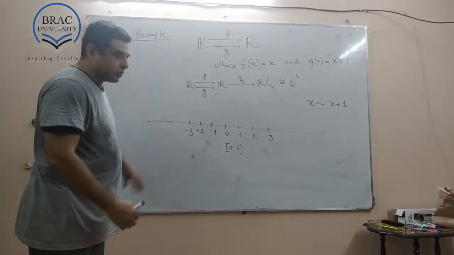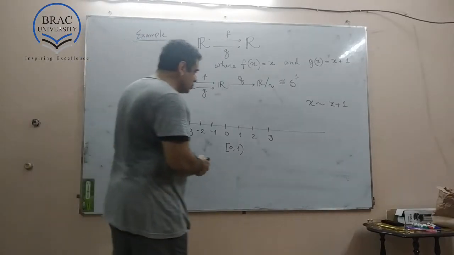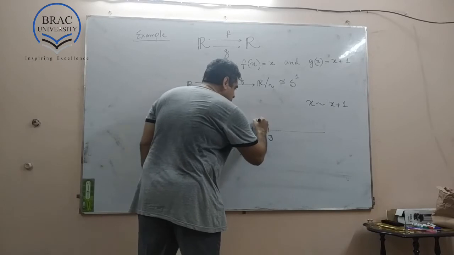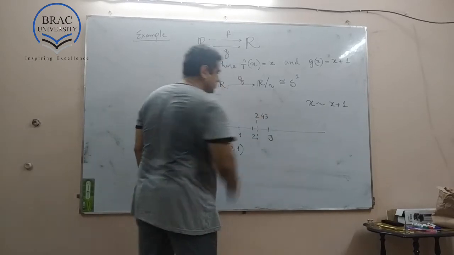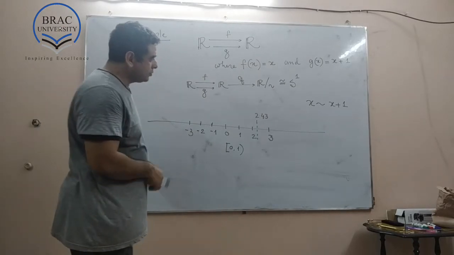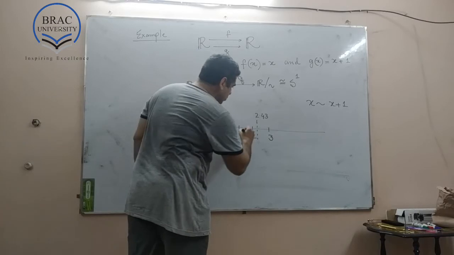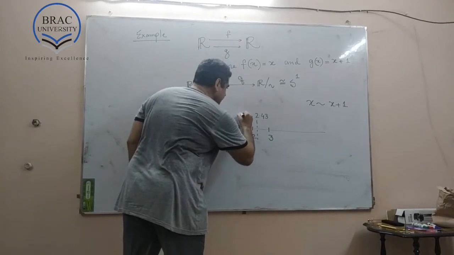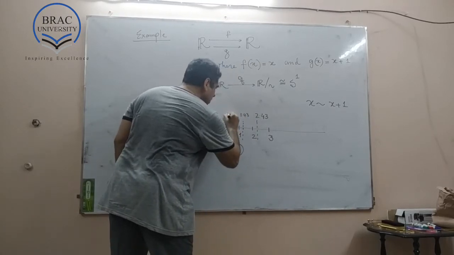So let's take some examples. If we choose, say, 2.43, there is 1.43, which is one distance apart from 2.43, and there is 0.43.